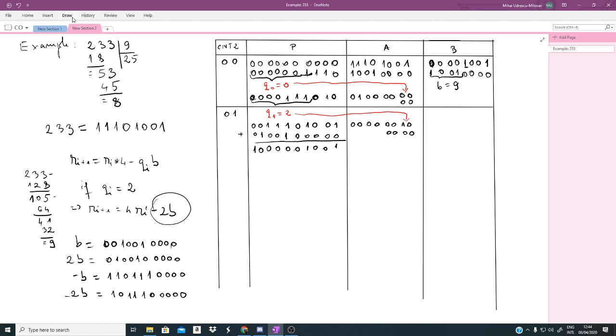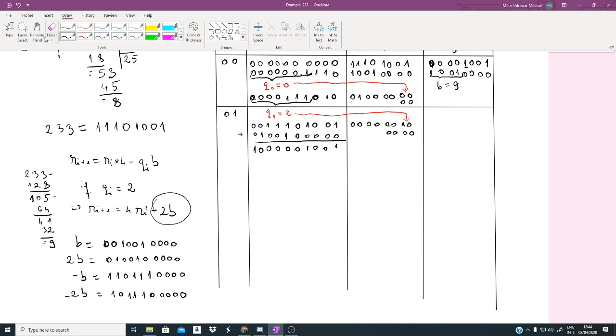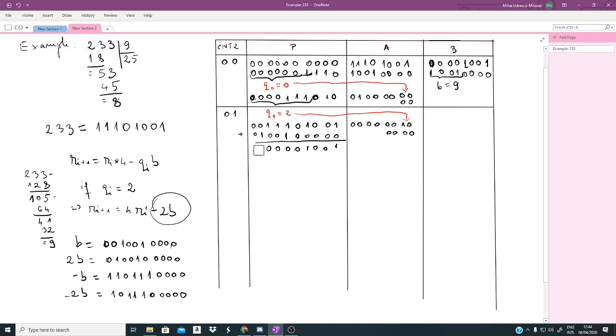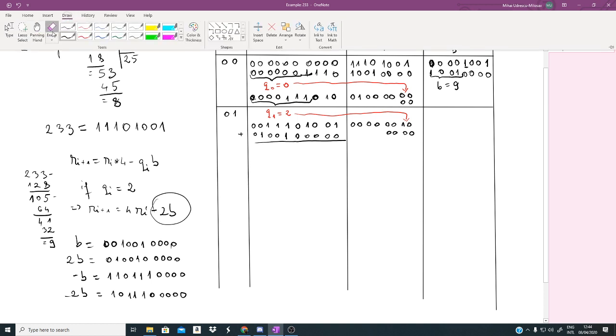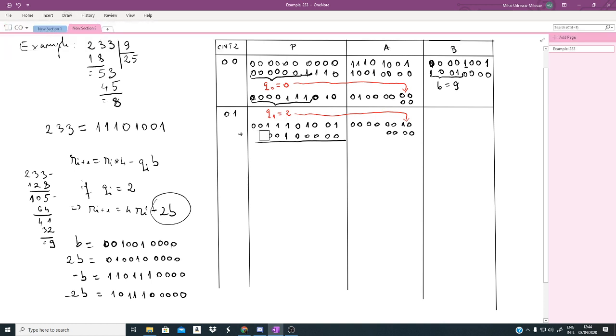Damn it. Something is wrong with me today. I said that we have to add minus 2b to subtract 2b, and yet I put 2b over there.